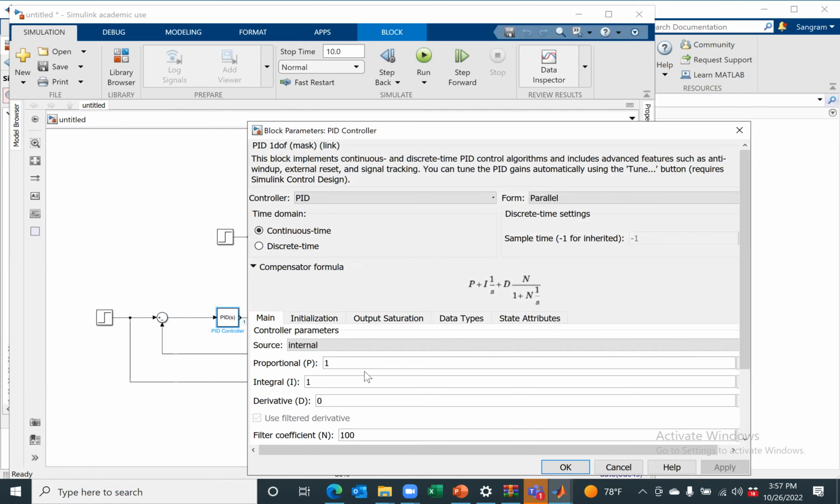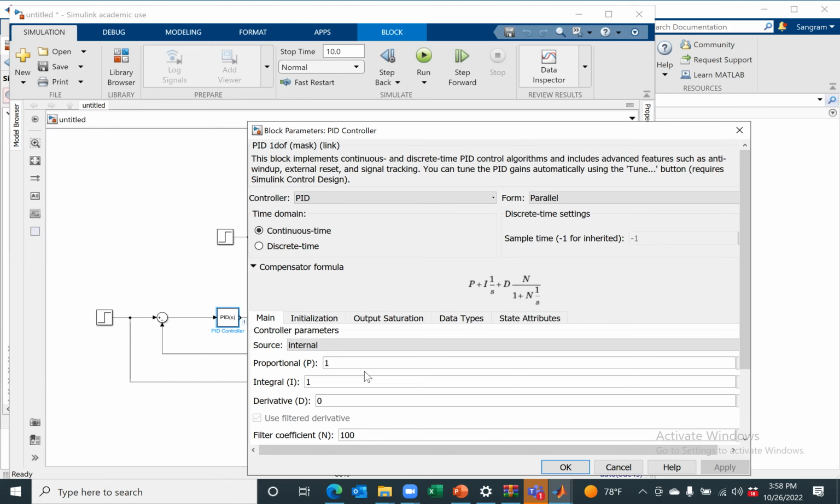So P is the constant of proportionality that multiplies the state. I is the constant of proportionality that multiplies the integration of the state, and D is the constant of proportionality that multiplies the derivative of state.